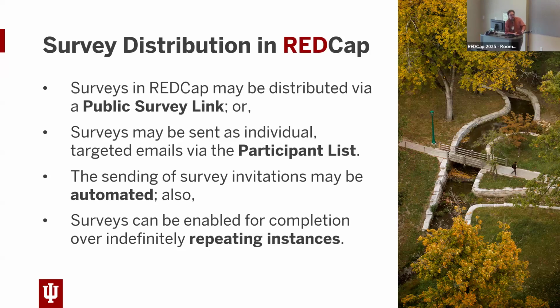You can designate that email address to be used for survey invitations in the project. And then when that email address gets collected, it's going to auto-populate to this participant list. And you'll then be able to send out any follow-up surveys via the participant list using that email address that's been collected.